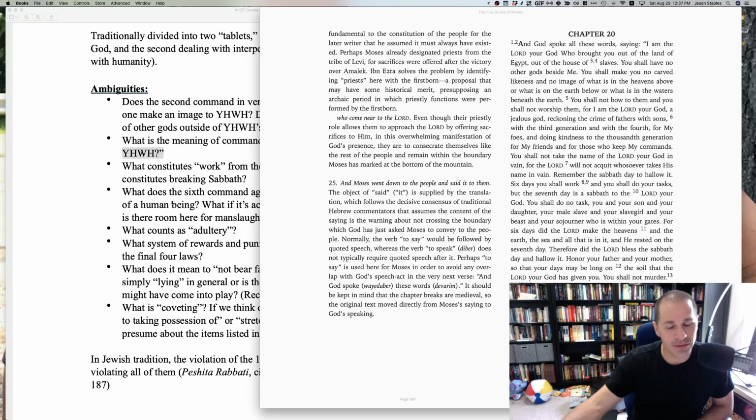There's another level to this, though, that you can talk about in terms of the grammar here, which is that you will not take the name Adonai in emptiness. The taking of the name is actually a covenantal kind of concept. In a marriage covenant, for example, the bride takes the name of the husband. And to take the name of Adonai and then to violate the covenant in any other way is to make empty use again of the name.